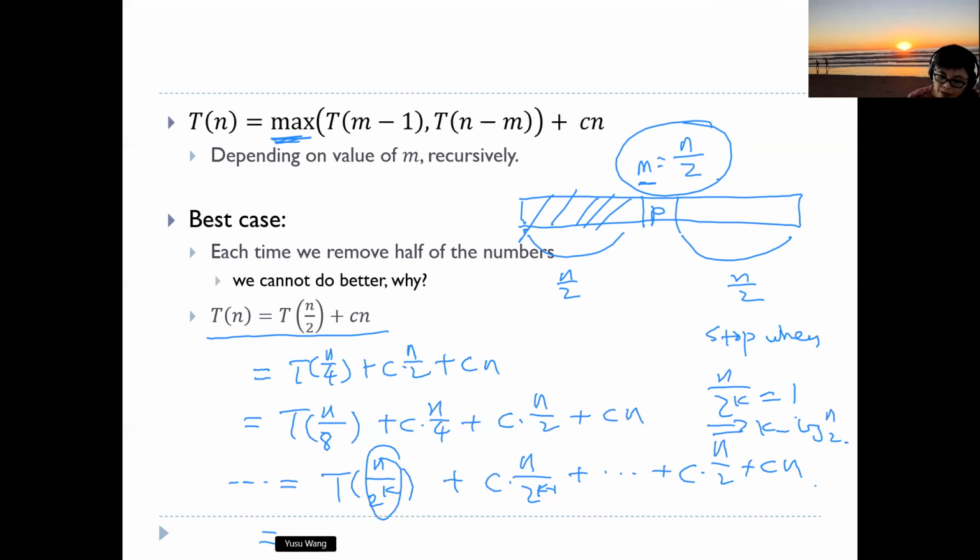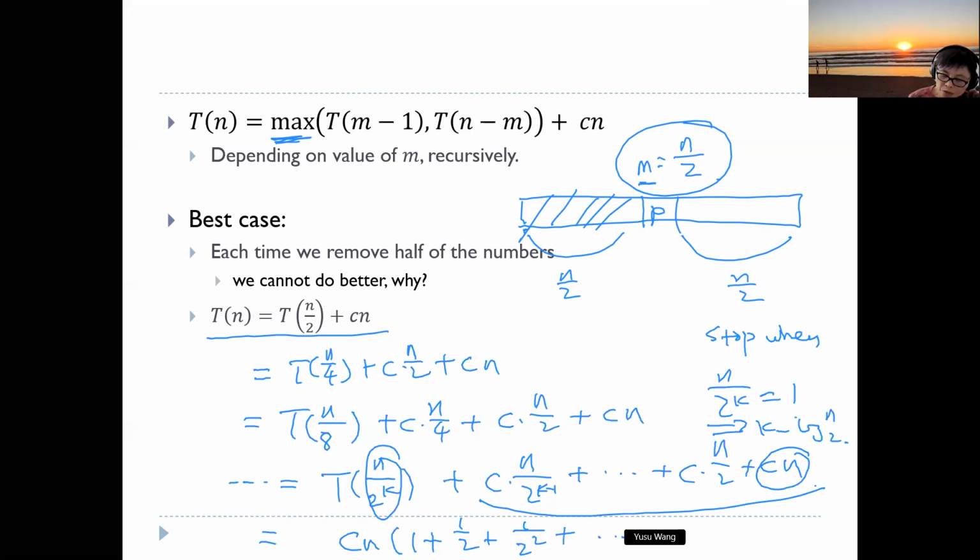We basically have here cn, and I'm going to invert the order, times 1 plus 1 over 2 plus 1 over 2 squared, all the way to 1 over 2 to the k minus 1, plus a constant. The point being that this is a geometric series. It only adds up to a constant.